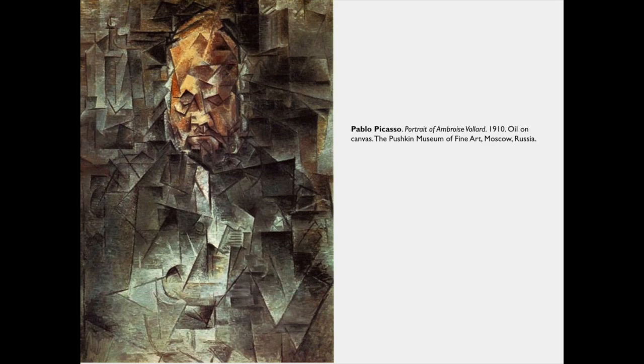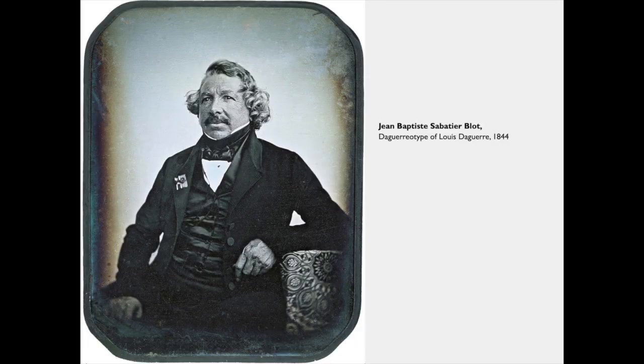Who says that a portrait must look like you after the invention of photography? Photography was invented in 1826. By 1839, it is launched in Paris to great acclaim, and it is this man, Louis Daguerre, who invents the type of photography that could be commercialized in 1839.